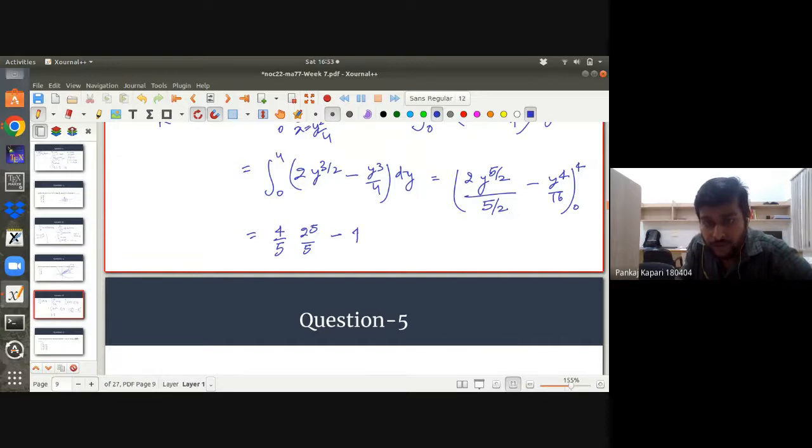So we will have 4 squared. So 2 to the power 5 is 32.